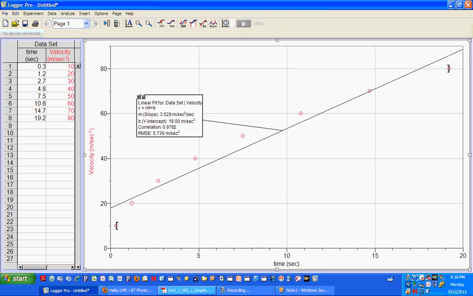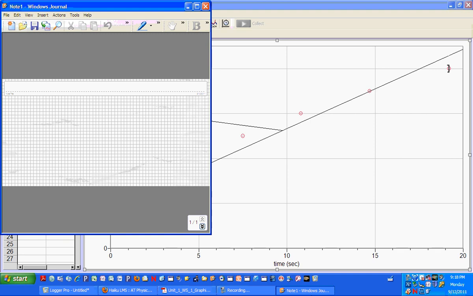Let's see here, just to write this down, I've got a correlation of 0.9762. That's close to 1. 0.9762 is my correlation.